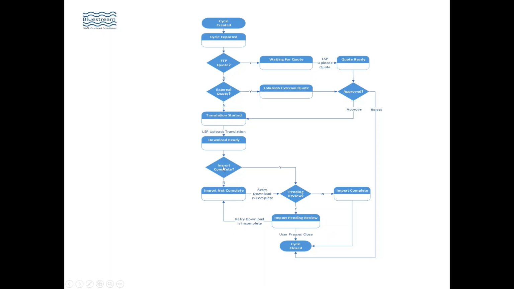It could be that the LSP sends you back 3 of the files when you sent out 1,000, or they send back 999. That's a simple case of not complete. You're missing files. If it's not complete, the CCMS has to sit there and retry.